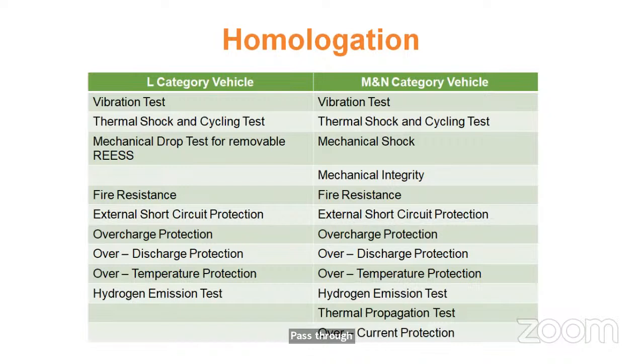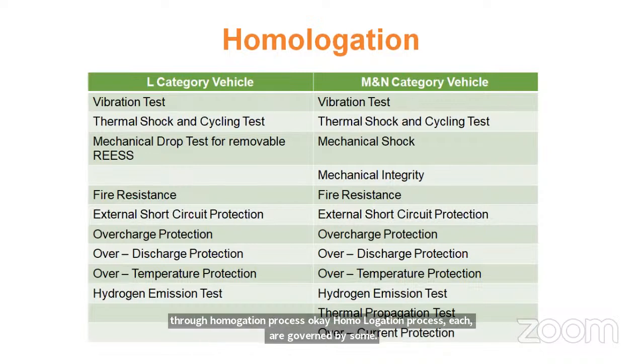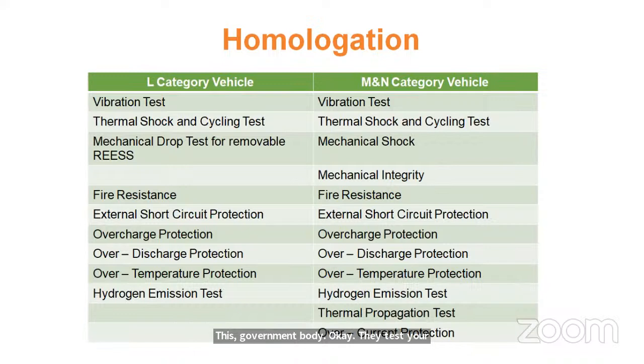The homologation process is governed by a government body. They test your vehicle and your battery pack, to decide whether it should be launched or not, whether it should go to the customer or not. For that, some homologation standards are there.